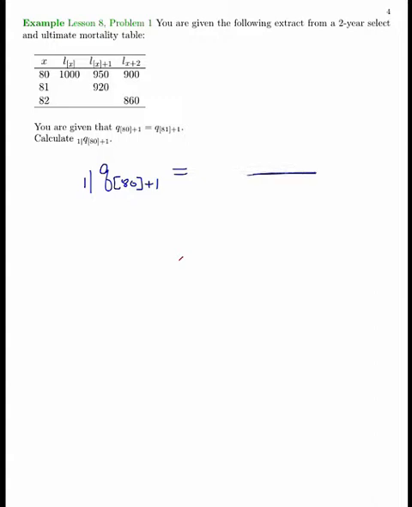So I want to know the proportion of those people that are alive at age 80 plus 1 who survive to L80 plus 2, so that's going to be L82, but don't survive to 1 year later, so to L83.